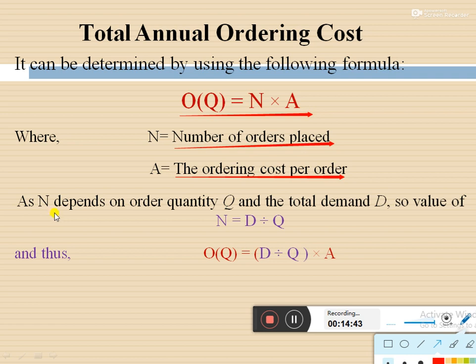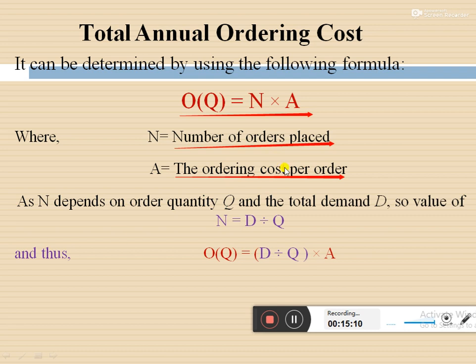As we know that n depends on the order quantity and the total demand. So value of n would be equal to total quantity demanded in a particular time period divided by Q, where Q denotes the number of units placed in an order.